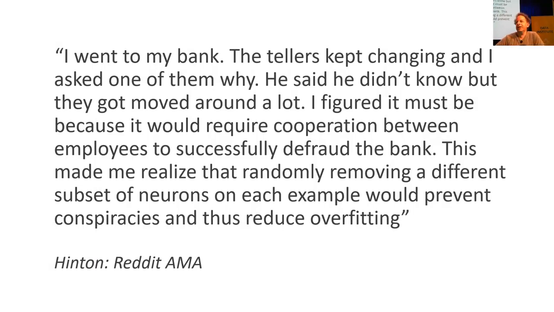He said he noticed every time he went to his bank that all the tellers and staff moved around. And he realized the reason for this must be that they're trying to avoid fraud. If they keep moving them around, nobody can specialize so much in that one thing that they're doing that they can figure out a conspiracy to defraud the bank.